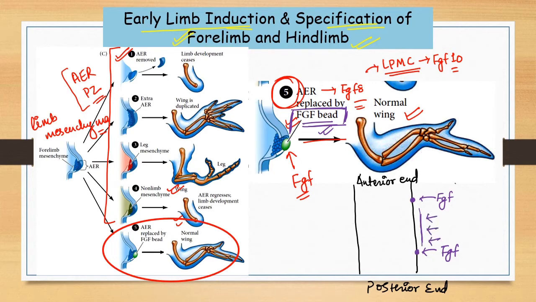It was found that FGF was capable of early limb induction, but in all these cases, different types of limb were formed. That is, here a forelimb was formed, here a hind limb was formed, and in between these regions, some chimeric structures were formed. So it was proved that yes, AER helps in development of limb, but it does not specify whether the forelimb or hind limb will be formed.